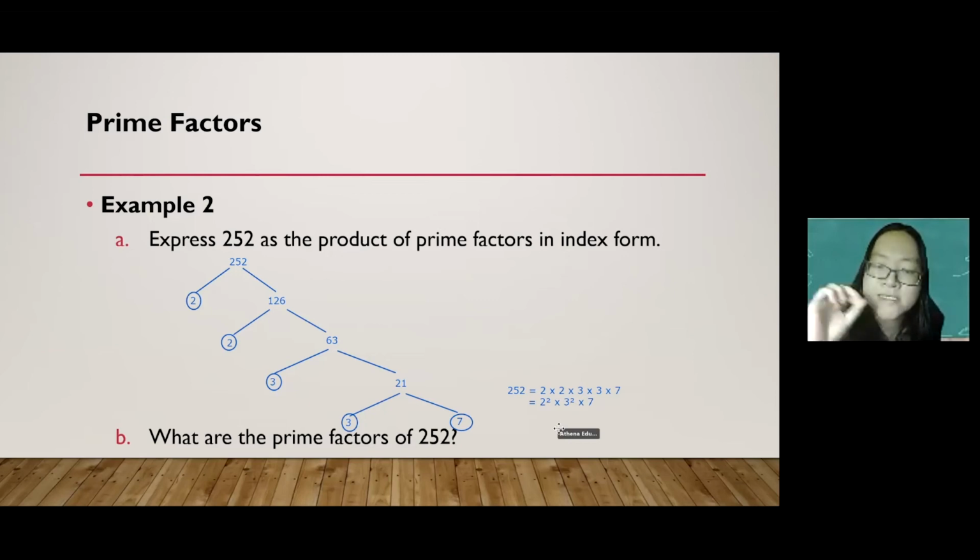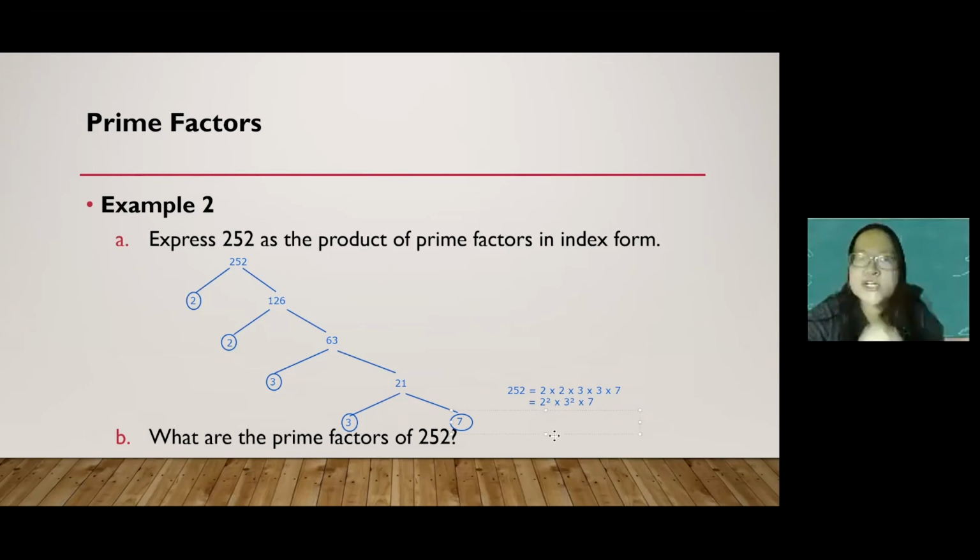So squared means that there are 2 of the number, basically, right? So there are 2 2s multiplied together. That's 2 to the power of 2. There are 2 3s multiplied together. That's 3 to the power of 2. And then there's only one 7. So it's 2 squared times 3 squared times 7.